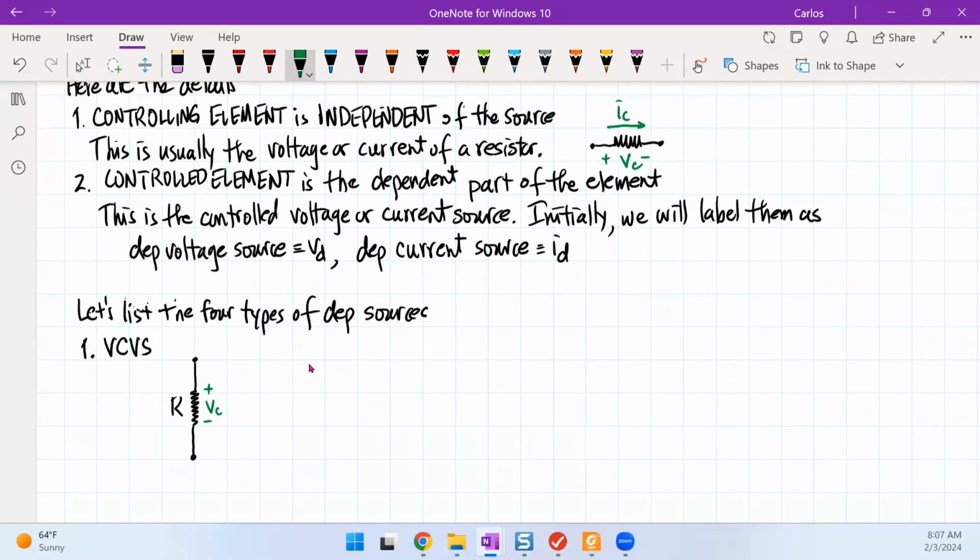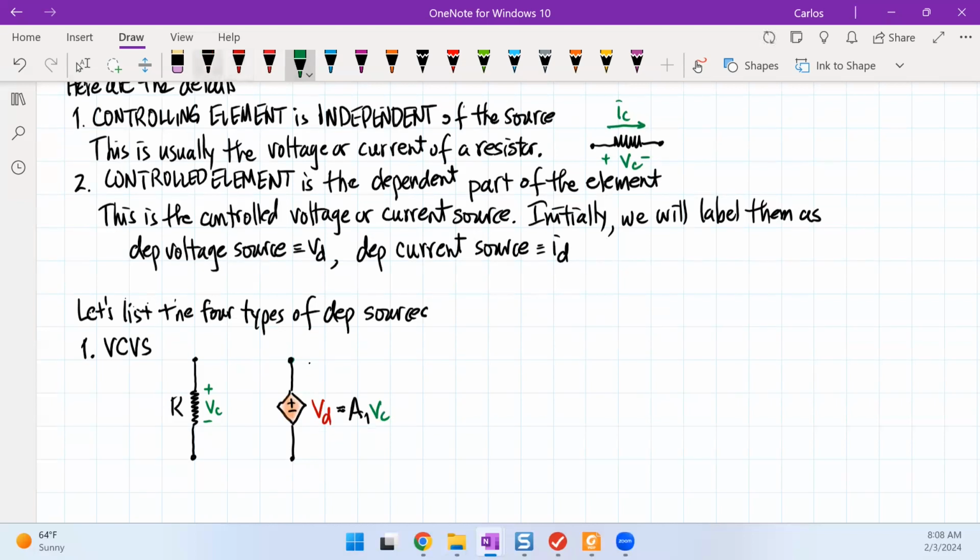So now, somewhere in the circuit, I'm going to have my dependent voltage source. So if this guy is this guy, then I'm going to say that this is the voltage. So then this guy now is going to be VD, and it's going to have some gain, which I'll call just A1. And again, here's my controlling element.